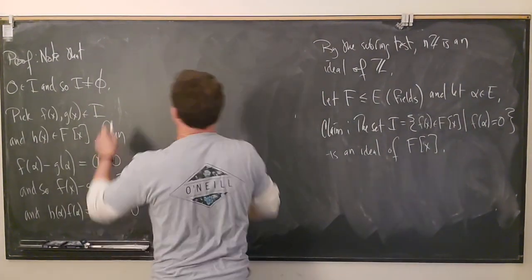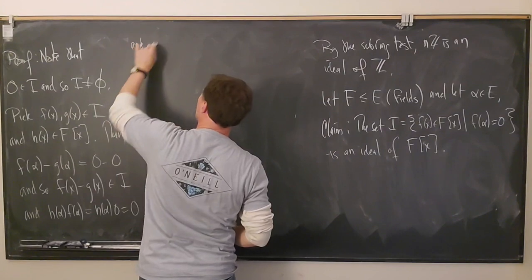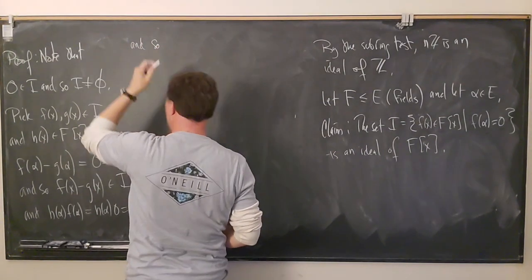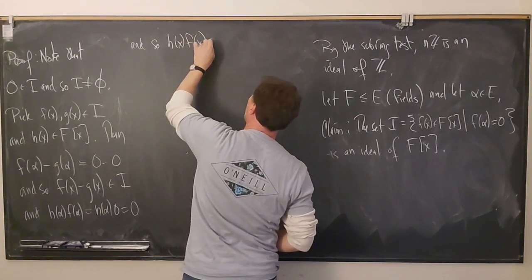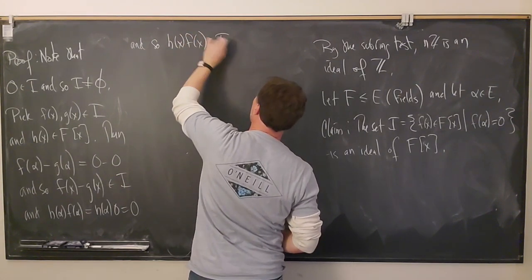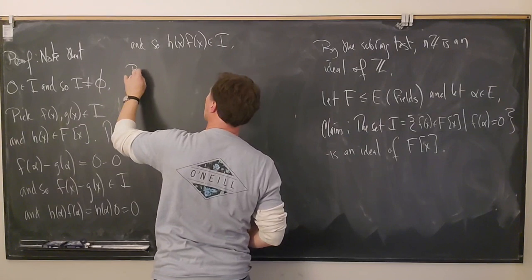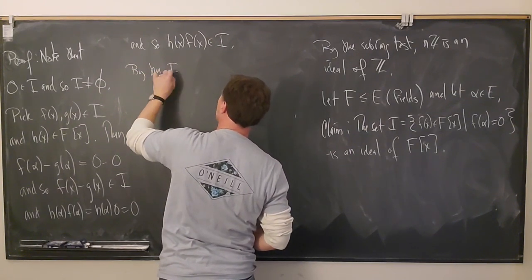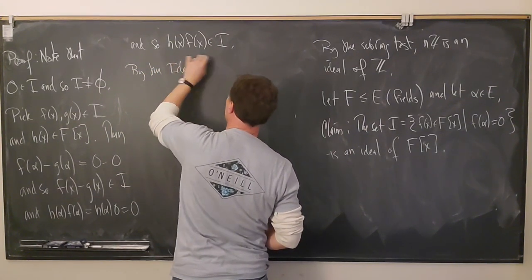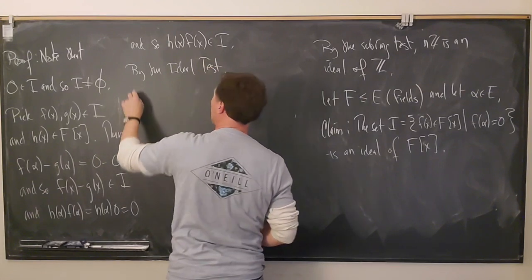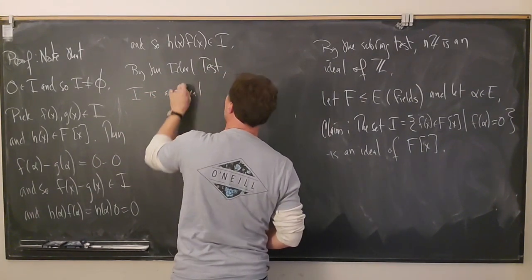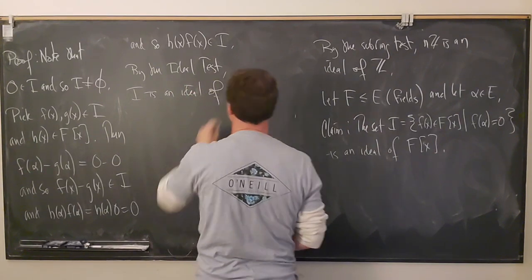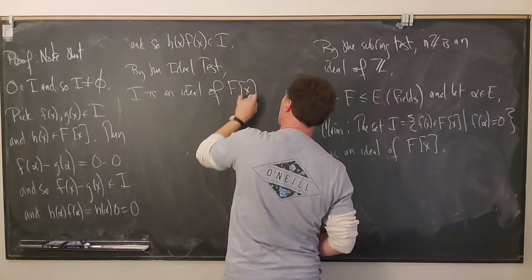And so h(x) times f(x) is an element of capital I. So by the ideal test, capital I is an ideal of F[x].